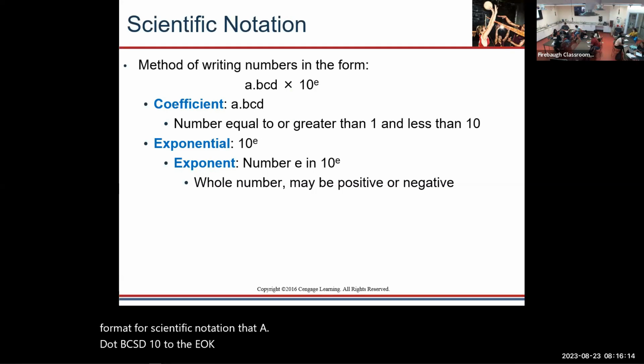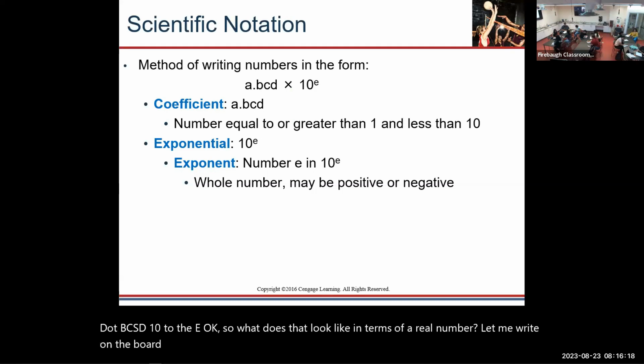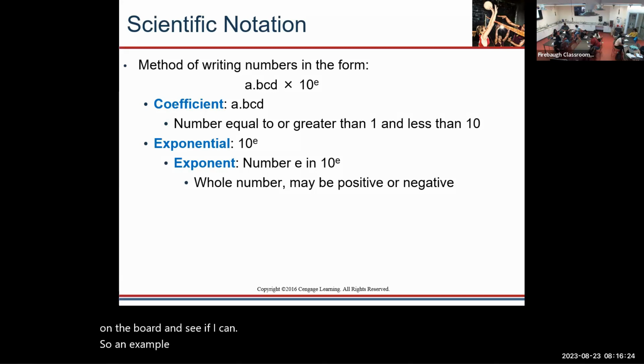Okay? So what does that look like in terms of a real number? Let me write on the board and see if I can. So, an example. Can't make fun of my third grade handwriting too much. That's a decimal.